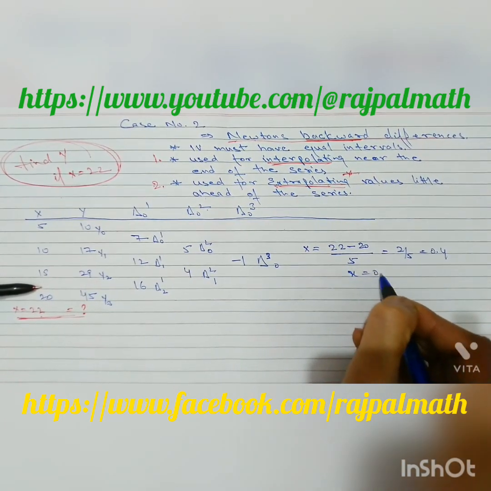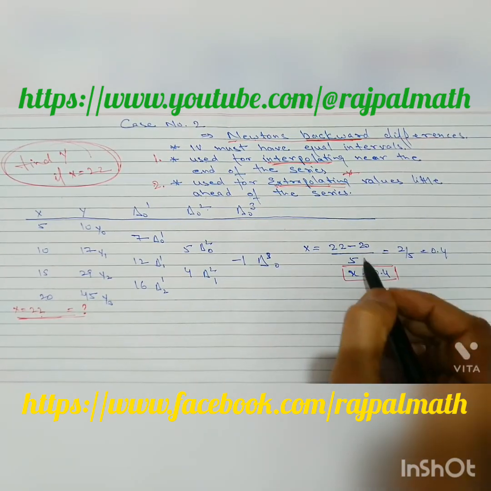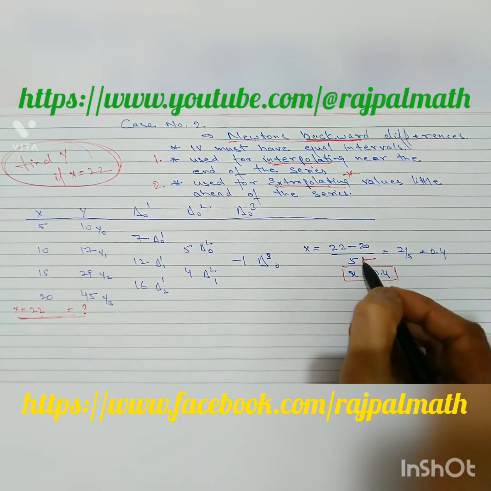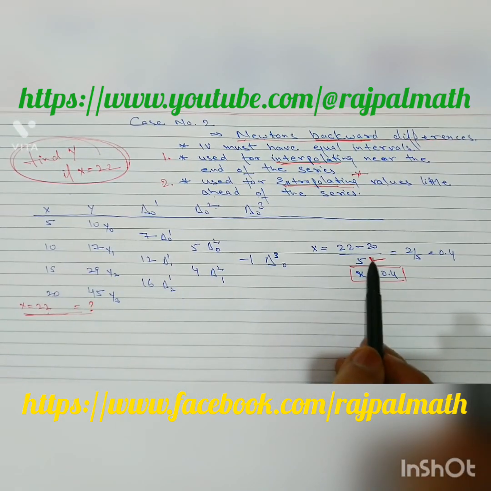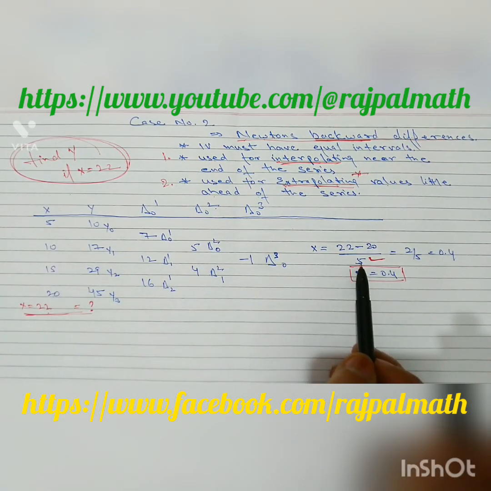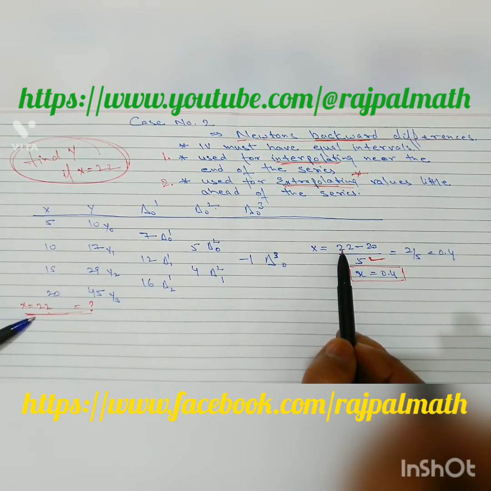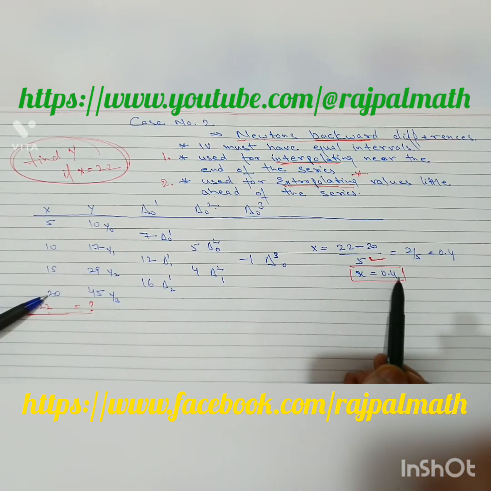Therefore, small x equals 0.4. 5 is the difference between the intervals of the independent variable: 5, 10, 15, 20. Difference is 5. 22 is the value to be interpolated, 22 minus preceding value 20. Preceding value of 22 is 20. Therefore, x equals 0.4.